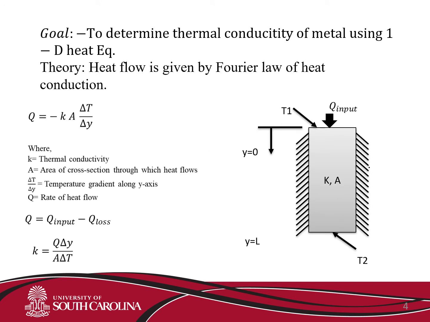In order to do this experiment, we are going to use the famous Fourier law of conduction. The goal is to determine the thermal conductivity of metal using the 1D heat equation. The theory behind this heat flow is given by Fourier's law of heat conduction.